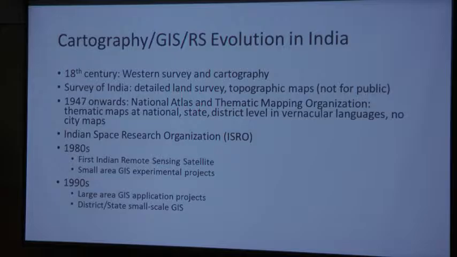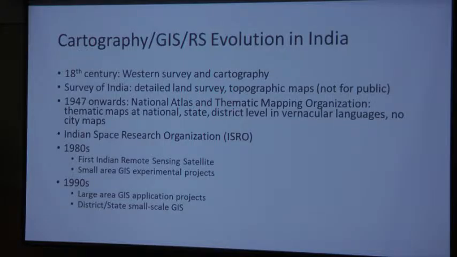However, one of the first things is that the topo maps were never available to citizens. When I was a geography student at the university, I had to have special permission to get access to topographic maps for research. And that means something in terms of local level spatial knowledge.